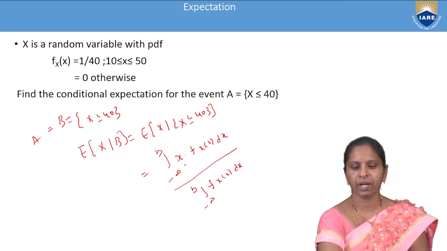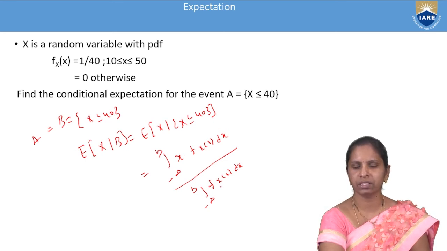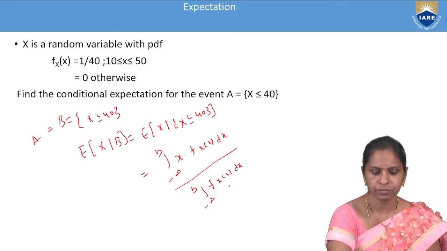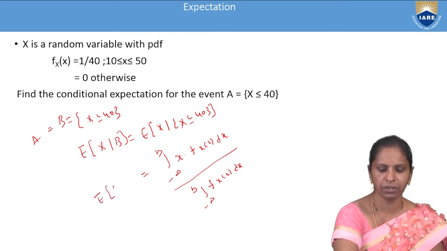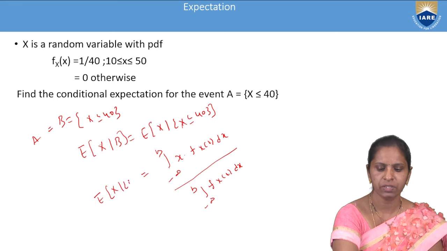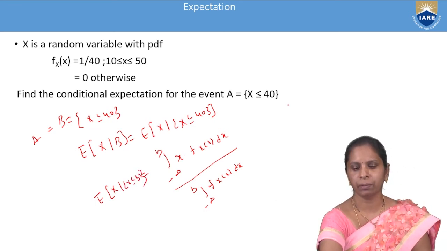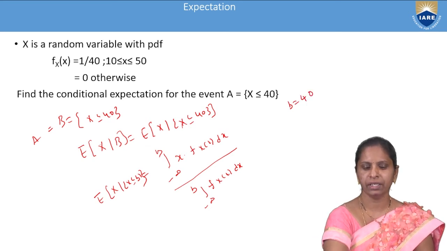If you observe, the numerator is x into fx of x dx, the denominator is only fx of x dx, so it is a constant value. Okay. Now this is the formula for E of x by x less than or equal to b. In the problem, if I compare, what is my b value here? 40. Then what can I write here?